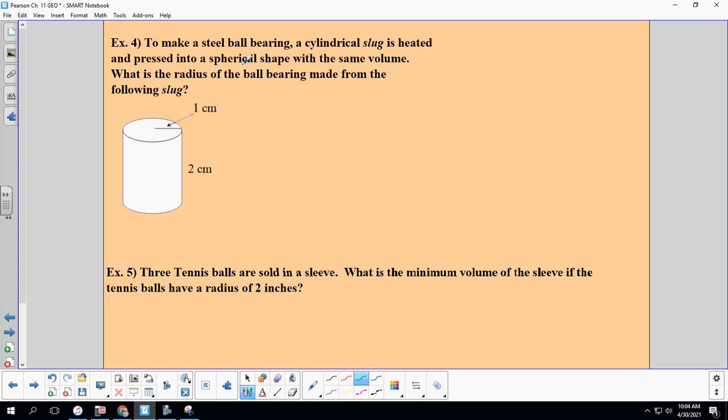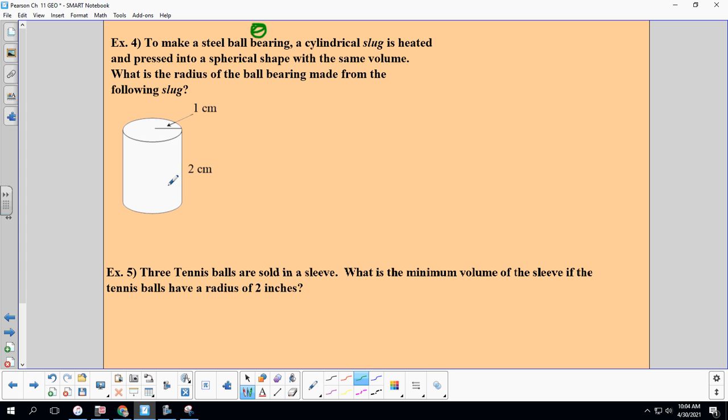Example 4. To make a steel ball bearing, which is a sphere, a cylindrical slug, this is this guy, is heated and pressed into a spherical shape with the same volume.